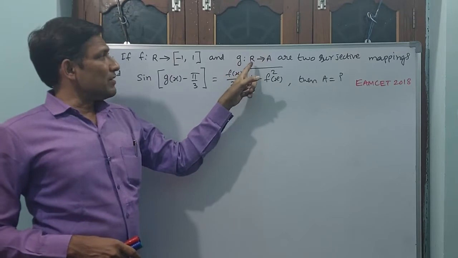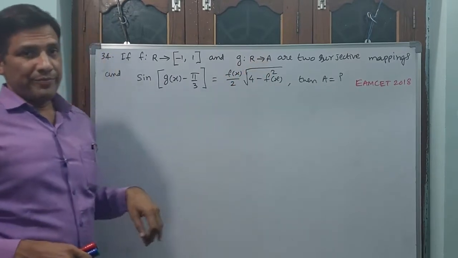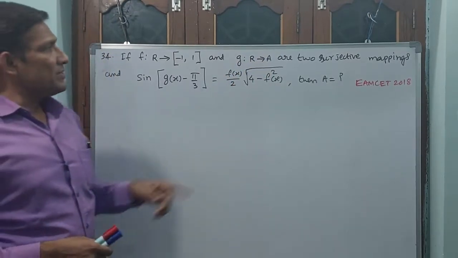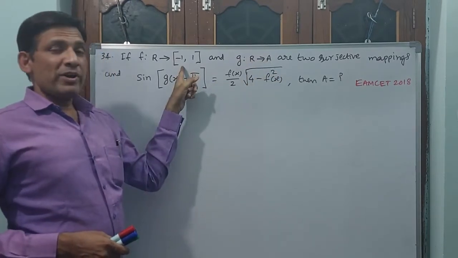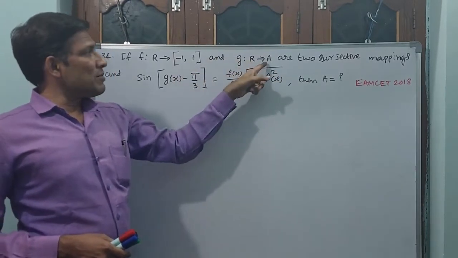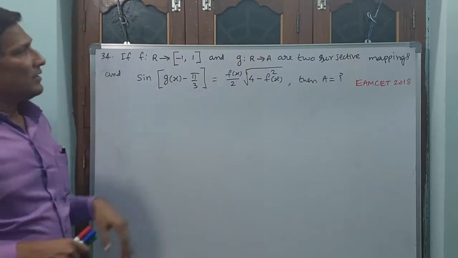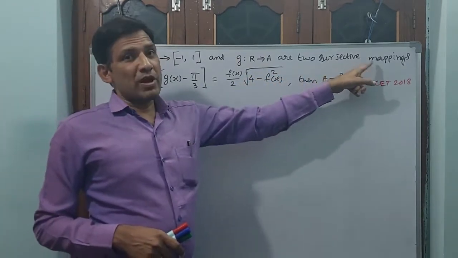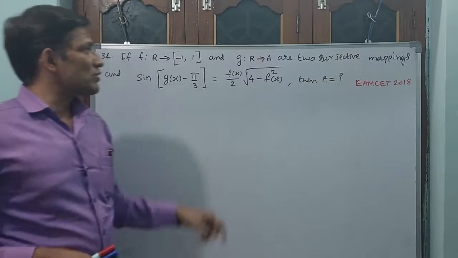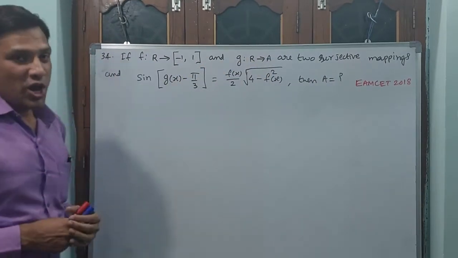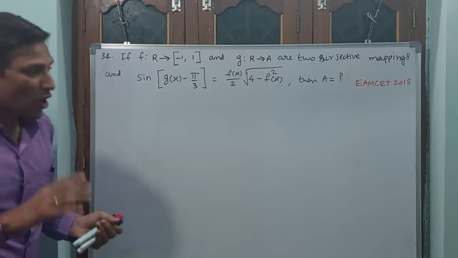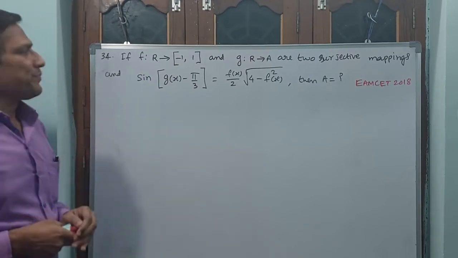A function g from the real numbers to A is given. Here this may be the codomain or range. Then it says f and g are two surjective mappings. When surjective comes, automatically you have to consider both as range, not codomain. That is why I am telling you, you have to understand the concept slowly.